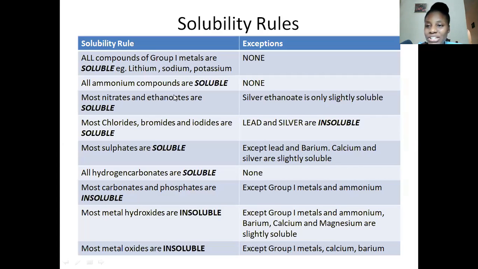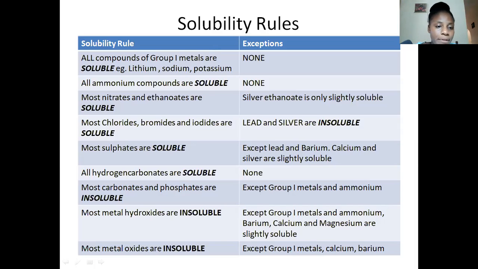If it's a nitrate, it is soluble. If it's a chloride, it's soluble except lead and silver. If it's a sulfate, it's soluble except lead and barium. And if it's a carbonate, hydroxide, or oxide, it's insoluble except for group 1 and SPA and ammonium. So you need to memorize this.